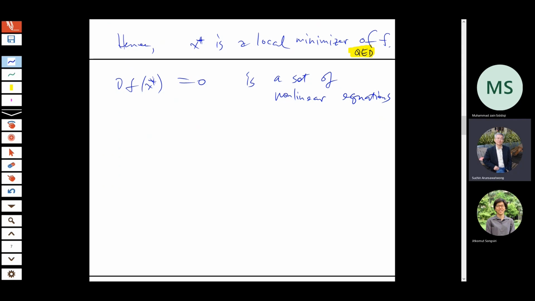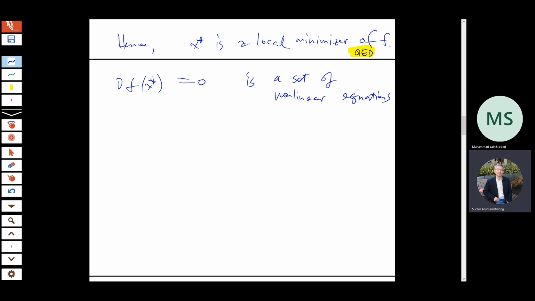So by solving this set of nonlinear equations, we find what we call a stationary point. Solving this, there is a technical term, it's a stationary point.